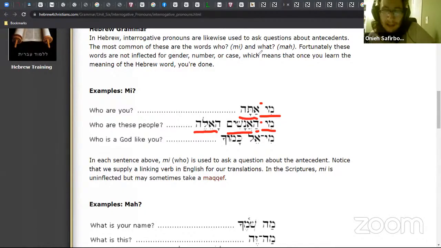But in this case, we've got who are the men, which men? These ones. And you're actually saying the ones of these, or something like that. Who is God like or as you?